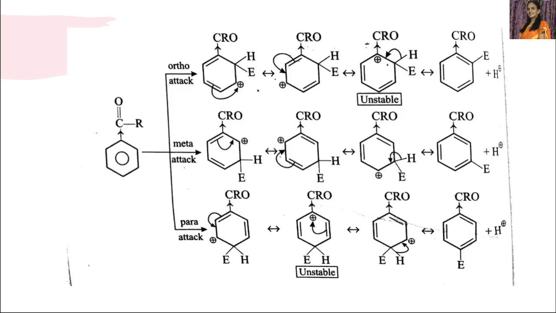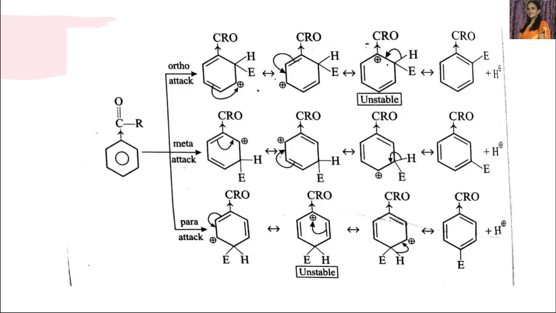The C double bond O group is an electron withdrawing group, a minus I group or minus M group. Because of that reason, what happens? The positive charge on this particular carbon is increased. Thus, it becomes less stable or destabilized. So an unstable resonance structure we will come across when the C double bond O group is present on the benzene ring during the electrophilic attack.